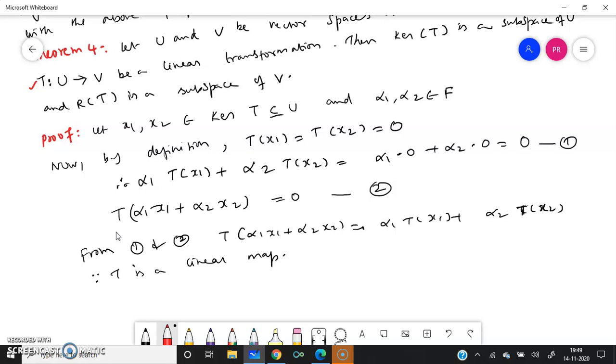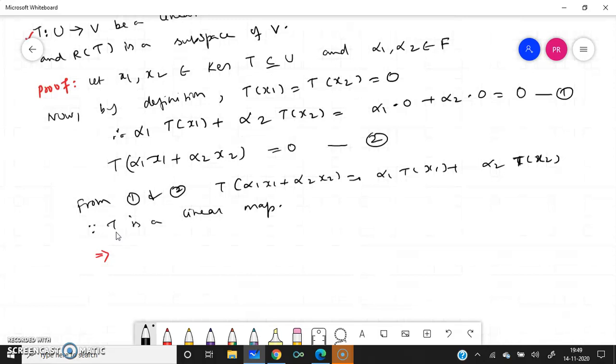From equation 2, T of alpha 1 x1 plus alpha 2 x2 is 0. So alpha 1 x1 plus alpha 2 x2 is an element of kernel of T.